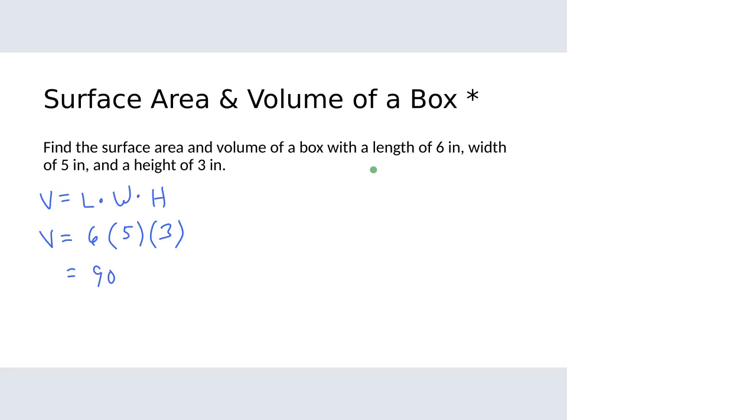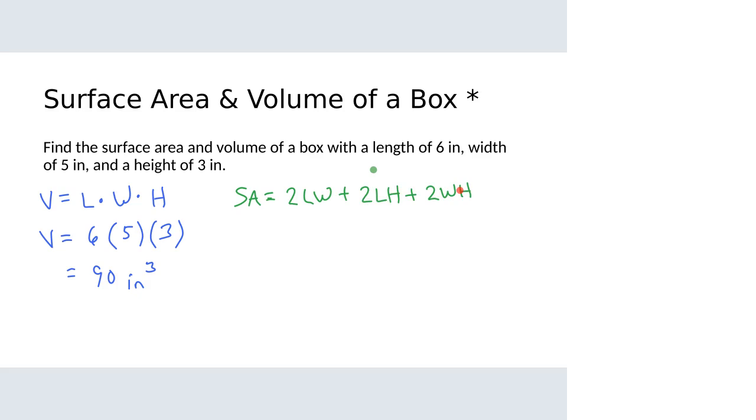Now, you don't have to include units, but I do want you to know that that's cubic inches because we're in 3 dimensions and we're looking at volume. So the volume will be 90 cubic inches. Surface area, a little more involved formula, where we've got 2 times length times width plus 2 times length times height plus 2 times width times height.